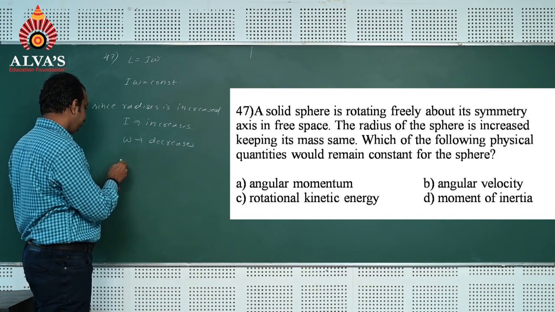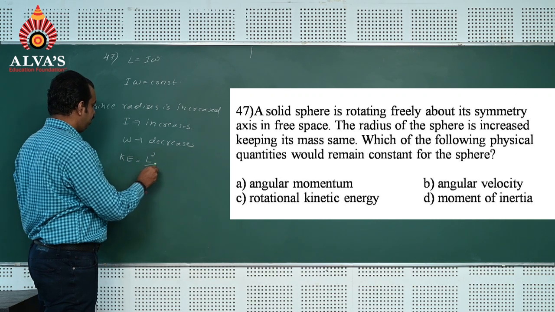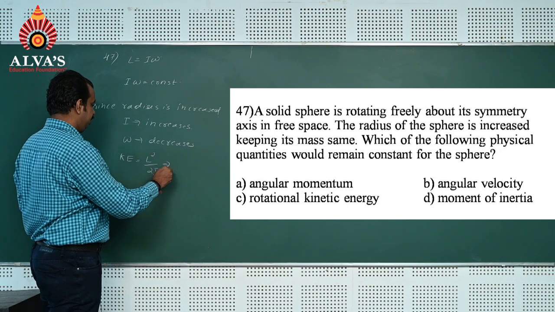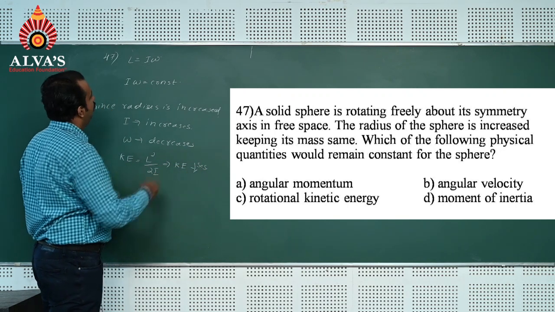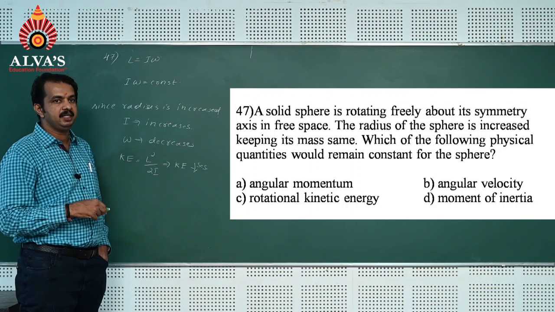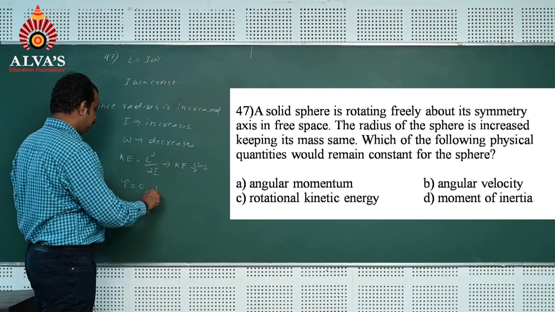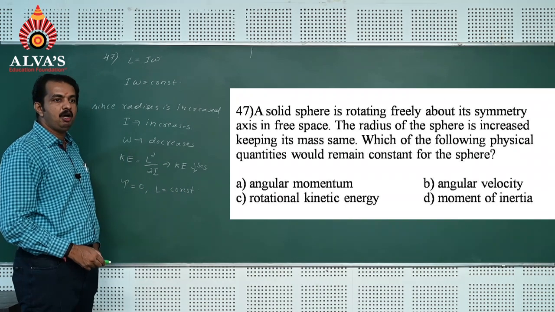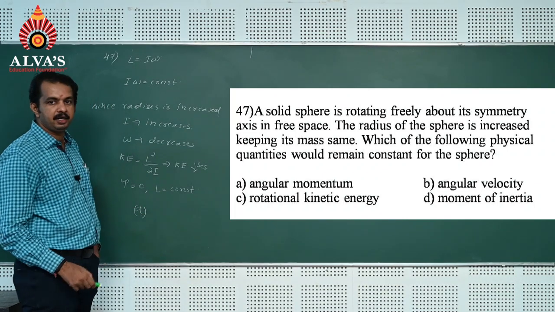Rotational kinetic energy can be written as L square by 2I. You know, I increases means kinetic energy decreases. Since no torque is acting on the system, since tau is equal to 0, L is constant. That means L remains constant. Option A is the correct answer here. A is the correct answer.